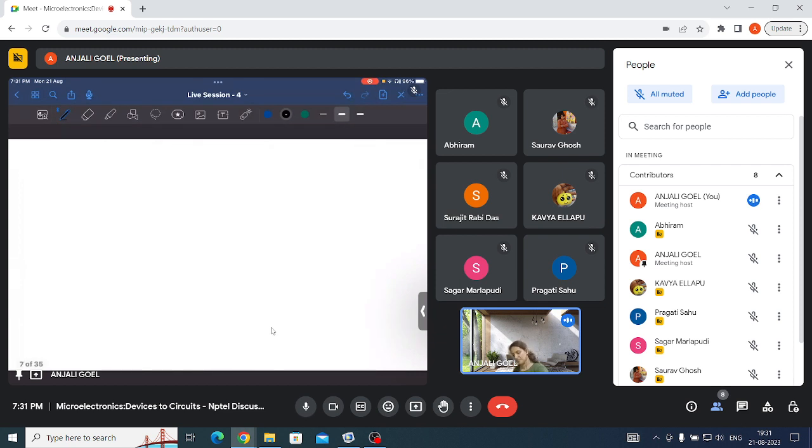So now your RD is equal to (VDD minus VD) by ID, so (5 minus 0.1) divided by 0.395 is equal to 12.4 kilo ohms. Does anyone have any doubt in this?